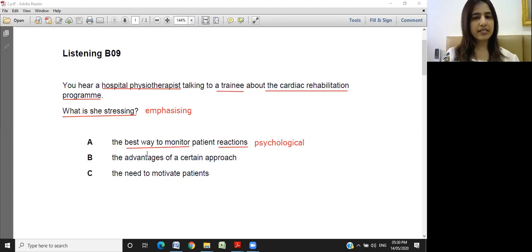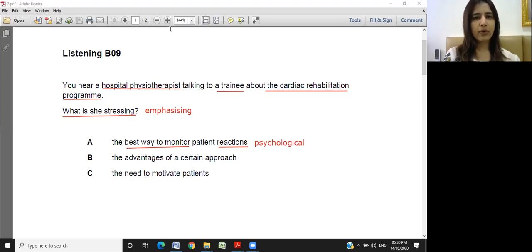So if this is the correct answer, then you will have that kind of conversation here where the physiotherapist will be training the trainee on how to monitor patients' reactions, how to keep an eye on their body language, on their facial expressions, on the movements of their eyes.